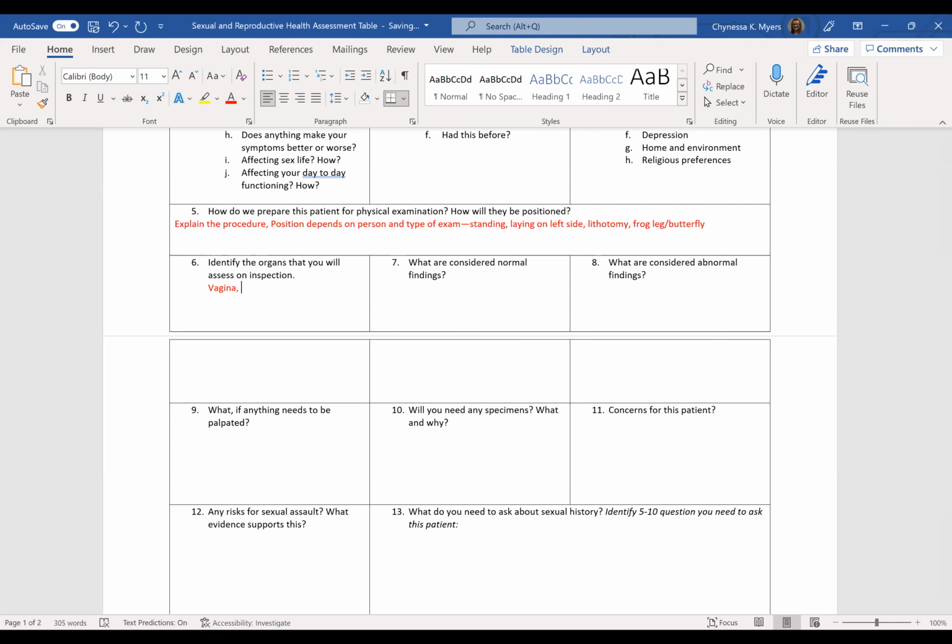Yep, that external meatus, the labia, clitoris. Are the breasts included in this? Yes, most of the time. Labia, mons pubis, good. Amanda prepared you guys so good. The cervix, ovaries.